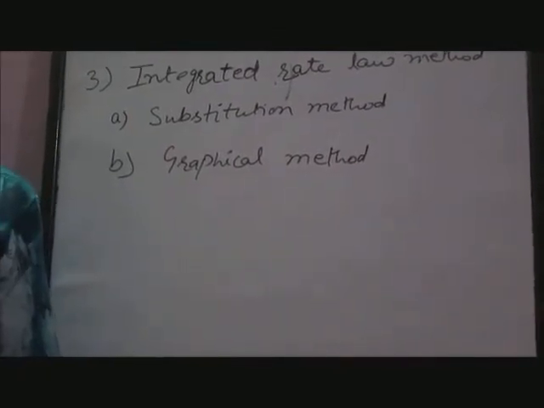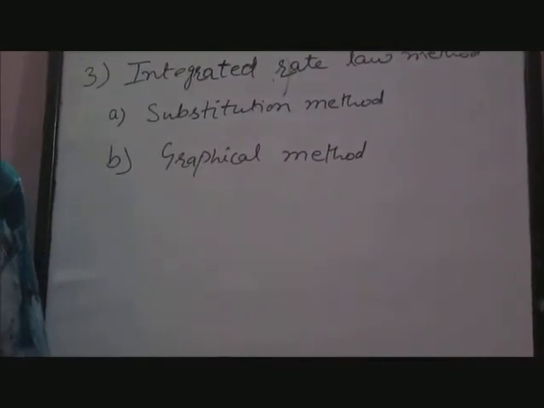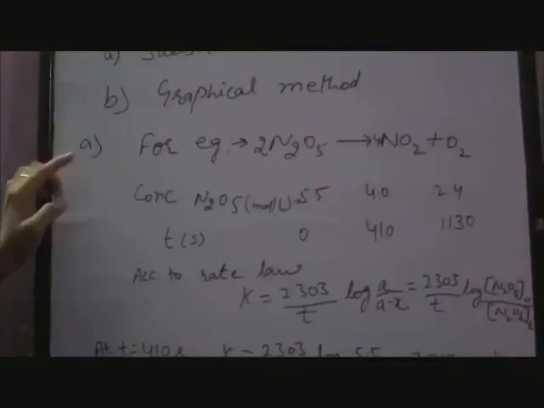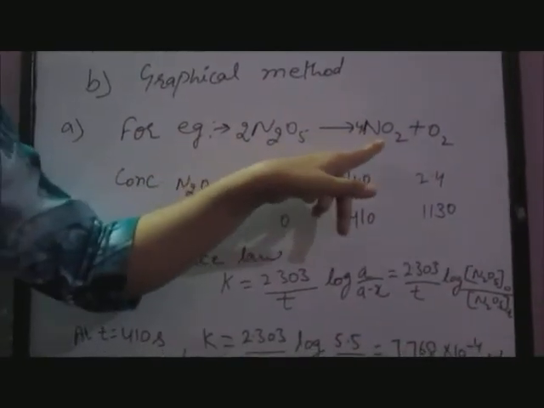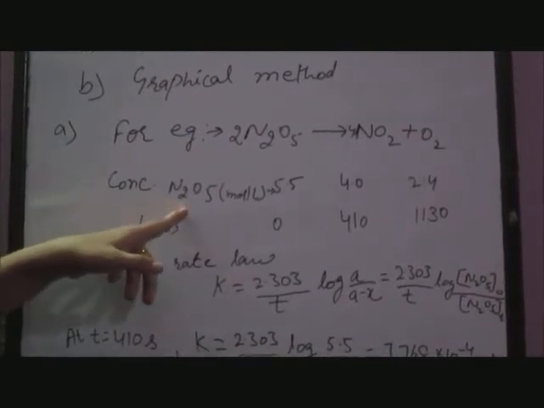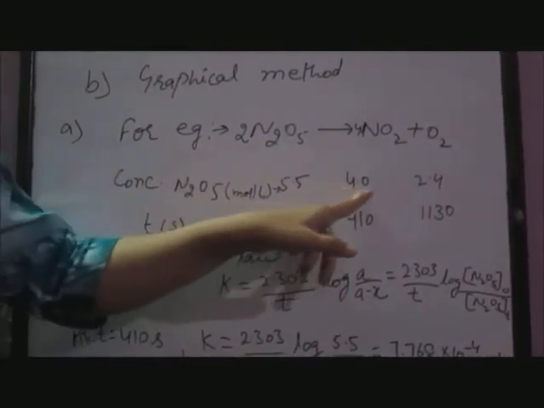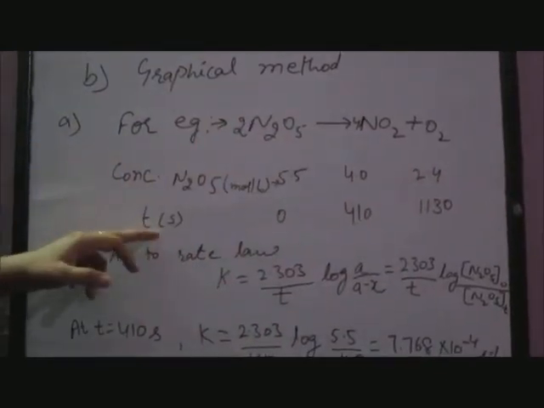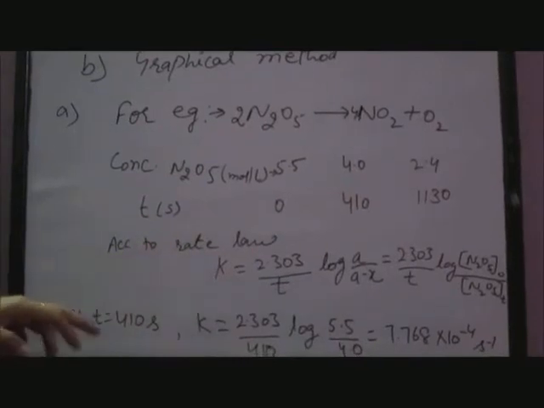The expression which gives a constant value of K decides the order of the reaction. For example, decomposition of N2O5 gives 4NO2 plus O2, and we have given concentration of N2O5 in moles per liter, that is 5.5, 4.0 and 2.4 in time 0, 410 seconds and 1130 seconds.